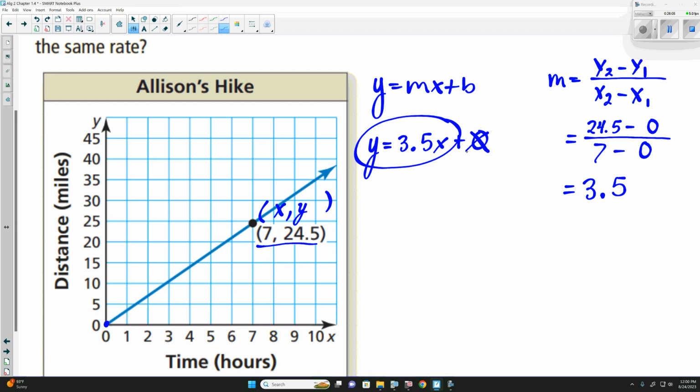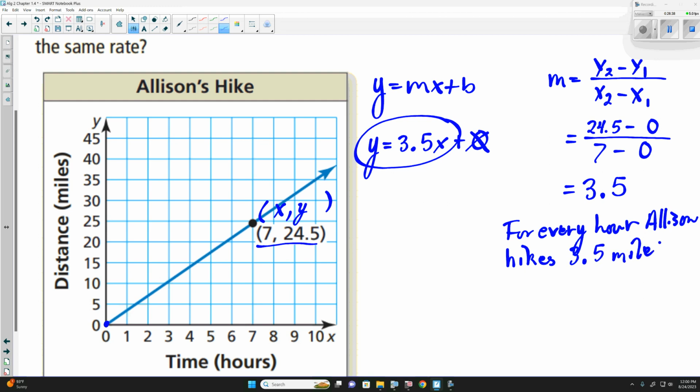Now the next thing we need to do is interpret the slope. So the x-axis tells us that time is in hours. So for every hour, Allison hikes how far? 3.5 miles.